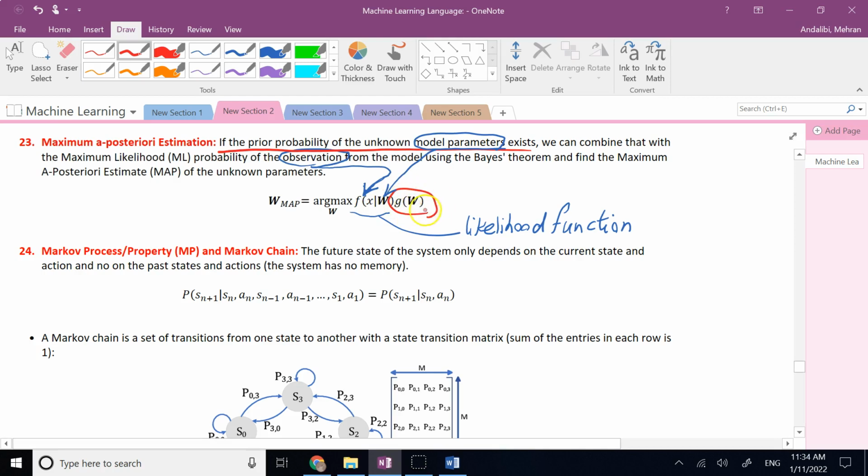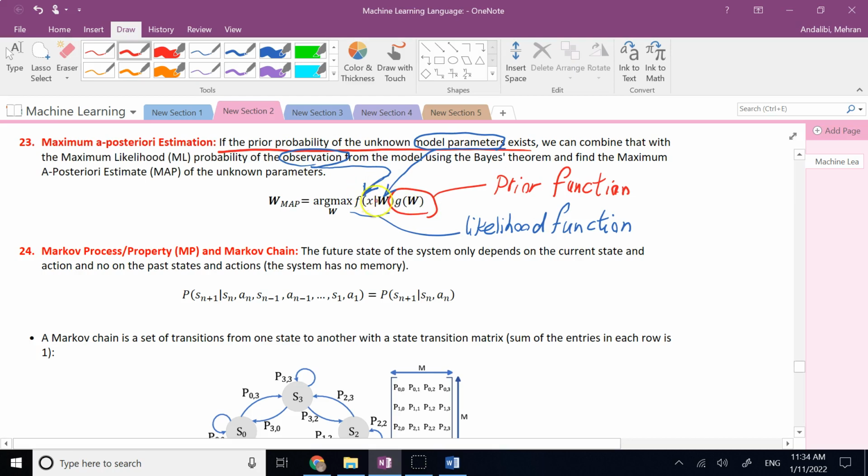We call this prior information or prior function. We know ahead of time what's the chance that such model parameters exist in general, without paying attention to the observations or anything. Just focus on that model parameter alone.